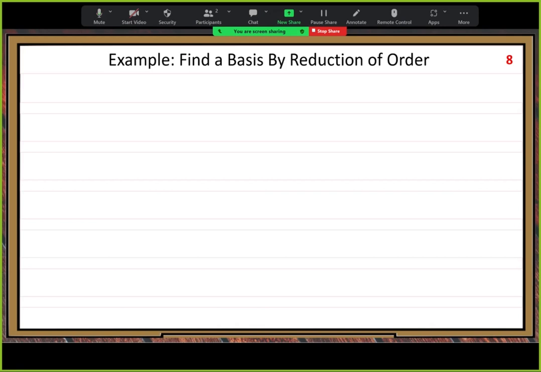Here we just apply the formulas, but you need to be familiar with integrals. Let's look at the example: find the basis for the ODE, this equation.